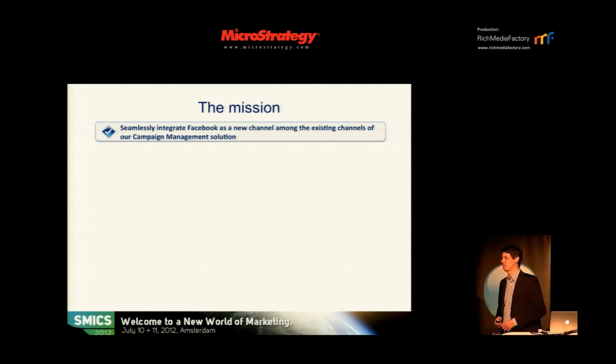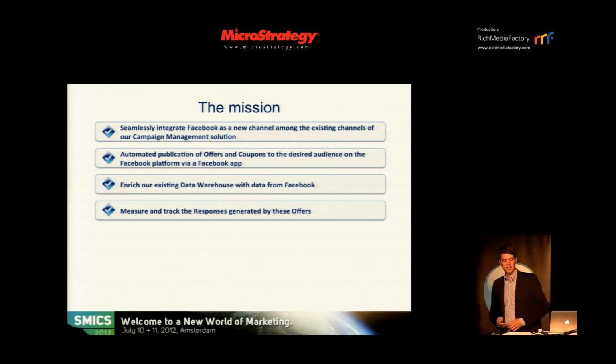I already talked about that, and Ralph as well. We want to enrich our existing data warehouse with Facebook data. And, very important, what are the responses? We can track how many views this coupon had, how many people downloaded it, how many people followed it.